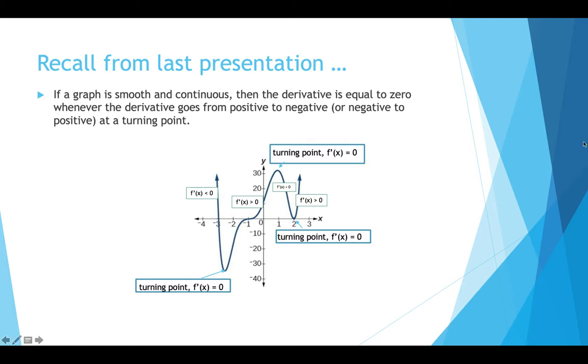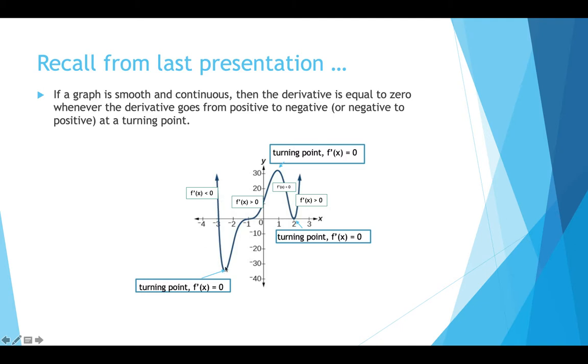If a graph is smooth and continuous, the derivative is equal to 0 at the turning point, whenever the derivative goes from positive to negative or negative to positive. Any interval on which a function is decreasing, the derivative will be negative.